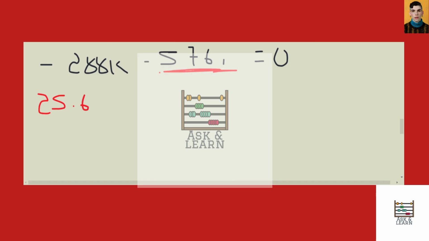Taking the sum of these I coefficients and equating to 0 leads to the equation 25.6 TFJ plus 12.8 TDH minus 576 is equal to 0. Let's say equation number 1.